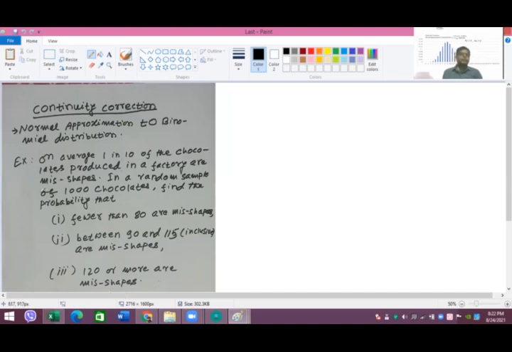Alright, so let's see how it is given here. On average 1 in 10 of the chocolates produced in a factory are misshapes. That is, the probability that the chocolate is going to be misshapen is 1 by 10, and your n value is given as 1000.